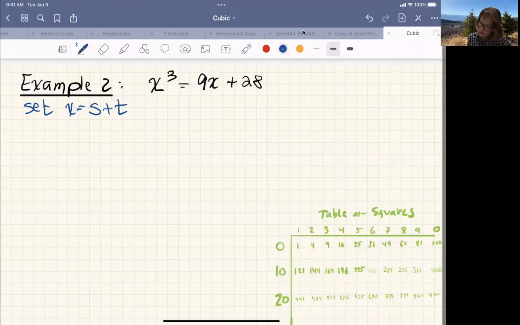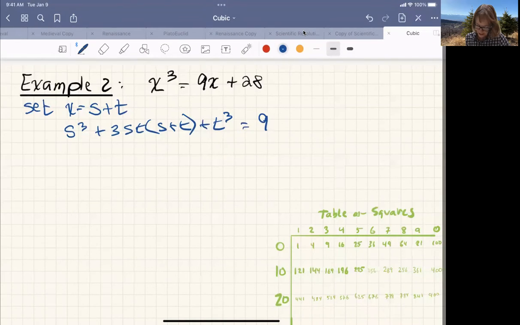So what I'm going to get is s cubed plus 3st times s plus t. So this is just like we did before. Plus t cubed is equal to 9 times s plus t plus 28.